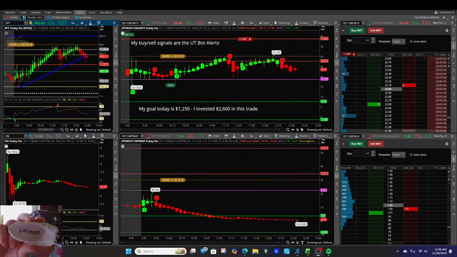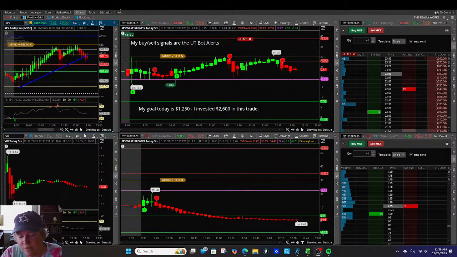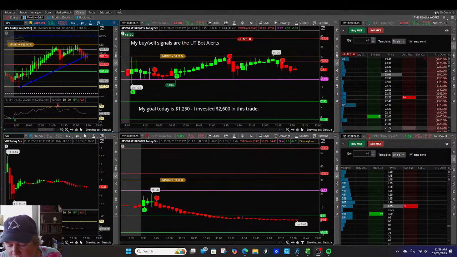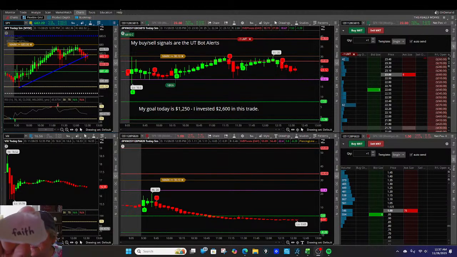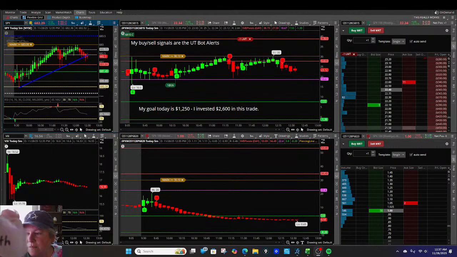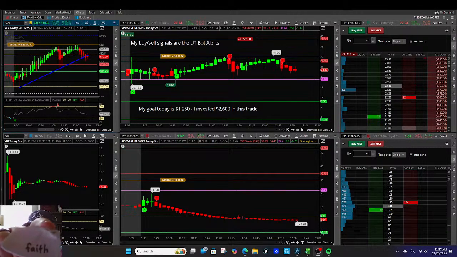So I look at that one first. Then when I place a trade, after I've been patient and waited for my buy signal, this is the next one. Faith. Have faith that it will do what you want it to do.